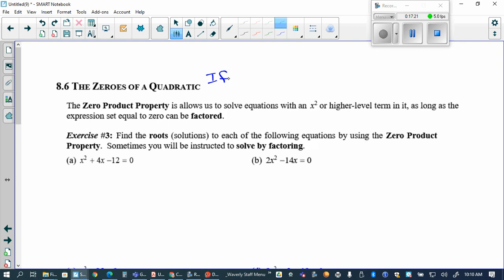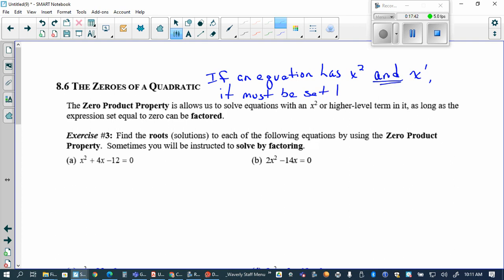If an equation has x squared and x to the first, it must be set to 0. If it's just an x squared term, you don't have to have an equal to 0 to solve. If it's got also the x to the first term, you do.